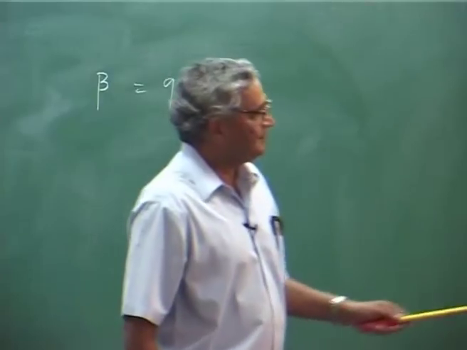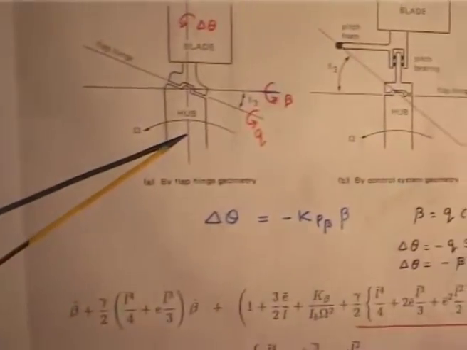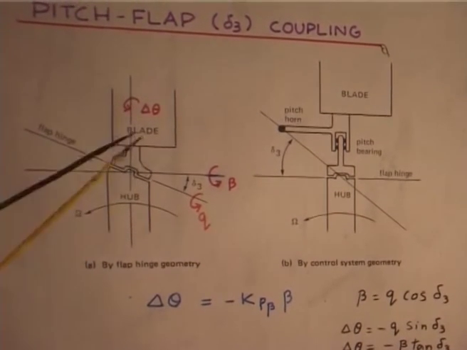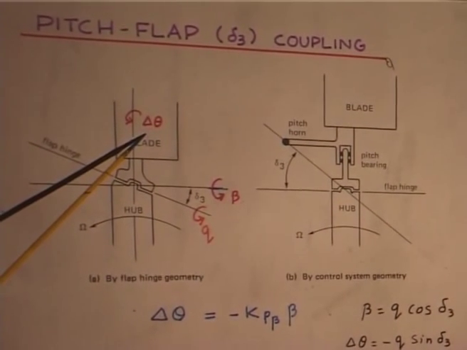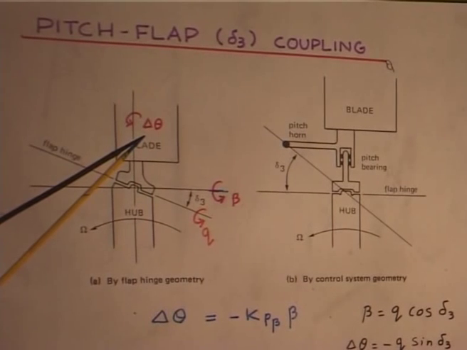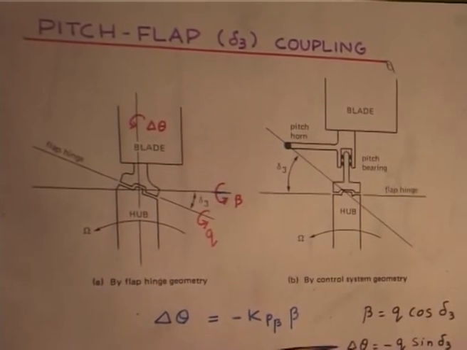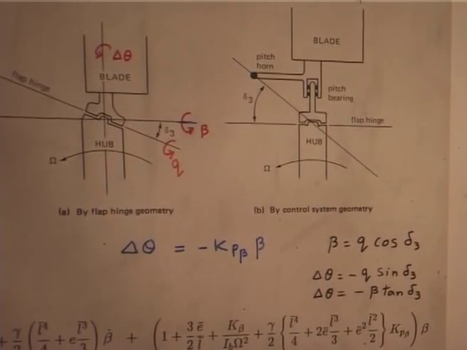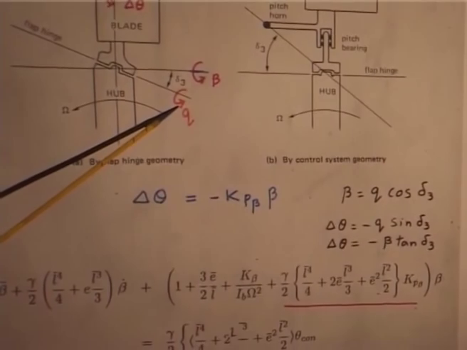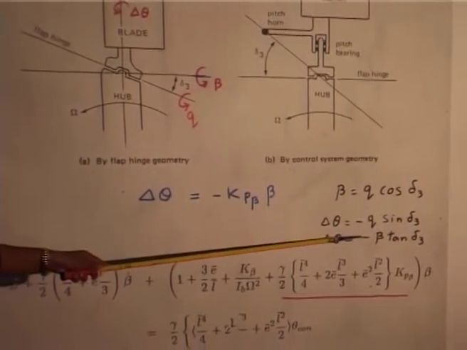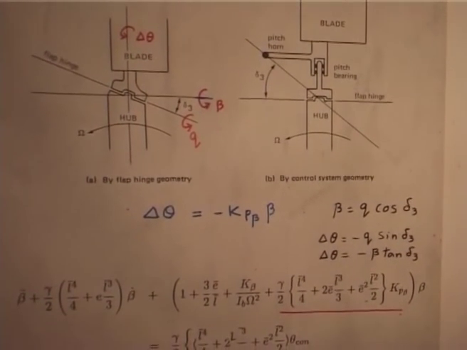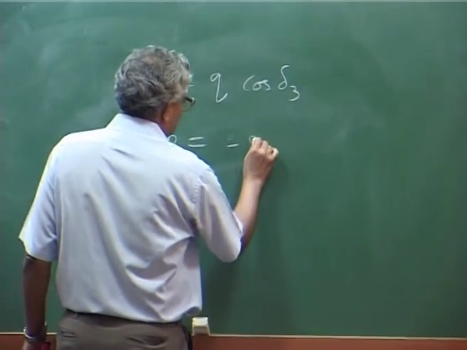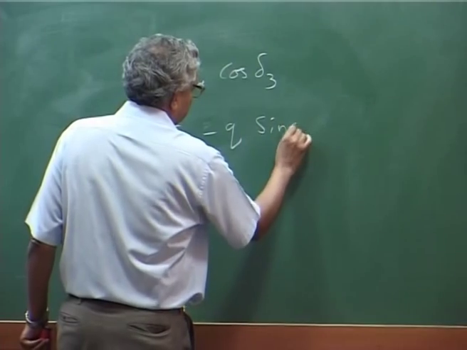Delta 3 is that angle, and then the other component, which is pitching down, that is the change in pitch angle, because the blade pitch angle is changing. That delta theta is q, with a minus sign because it is nose down, because when it is flapping up there is a nose down. So, your delta theta becomes equal to minus q sin delta 3.